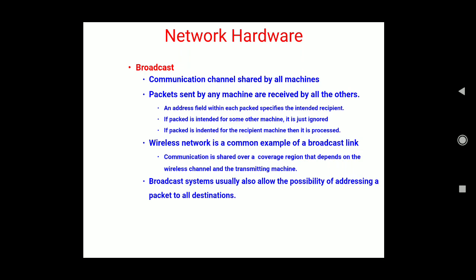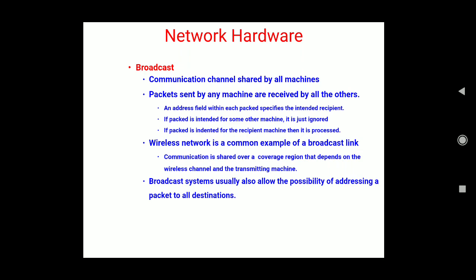Now if a packet is received at a particular machine and that is not intended for this machine, the machine will read that particular header, will identify that even though I have received that packet, it is not meant for me, and then the packet will simply be ignored. This is the beauty of the broadcast network. They are faithful.